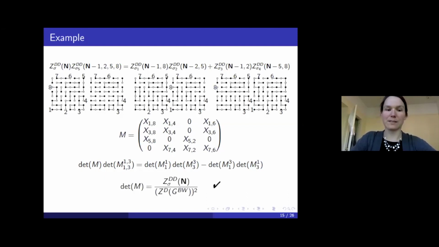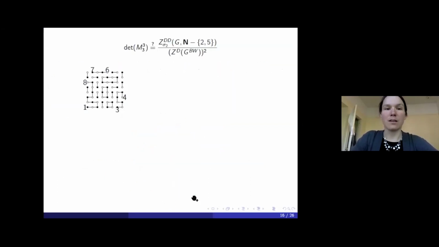And then Kenyon and Wilson's theorem says that the determinant of the matrix is ZD sigma divided by this quantity ZD GBW squared. But we do have 5 other terms in this equation. So let's look at the determinant of the matrix M with row 3 and column 3 removed.